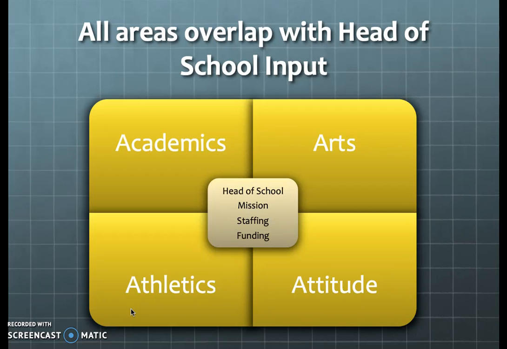Each one of these areas is influenced by the head of school for mission, for staffing, for funding, for conflict resolution, and a couple other areas, and all of these things work out so that we see a lateral design of influence in a single business strategy model.